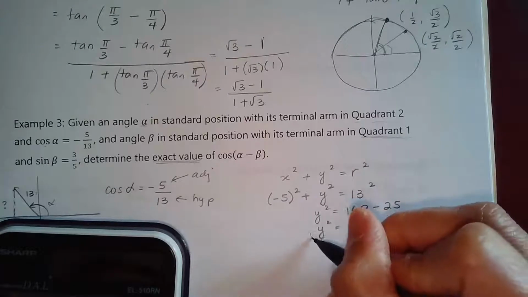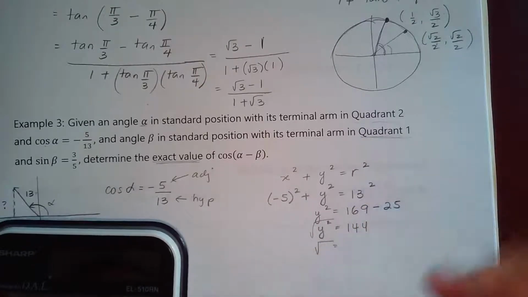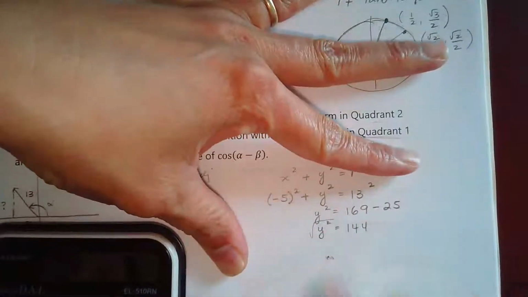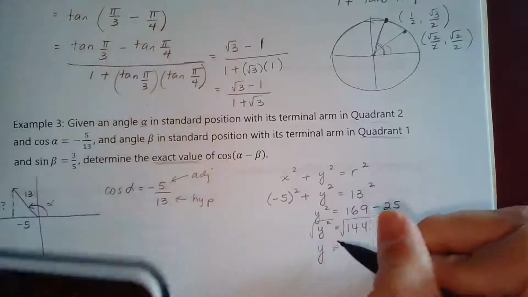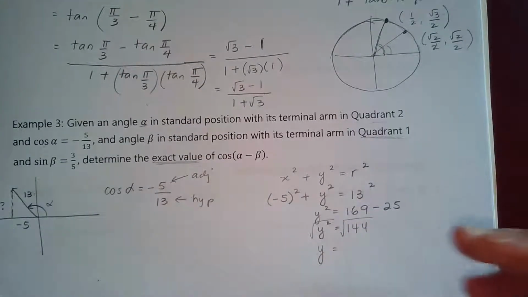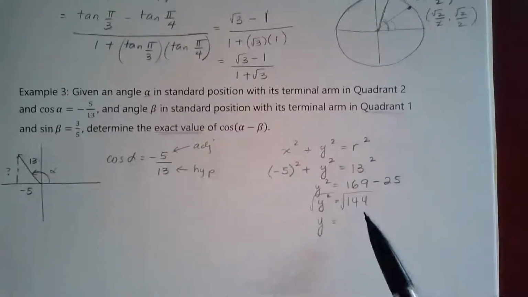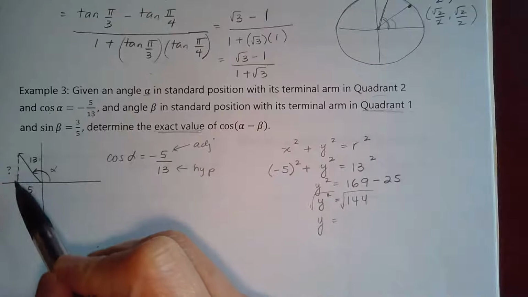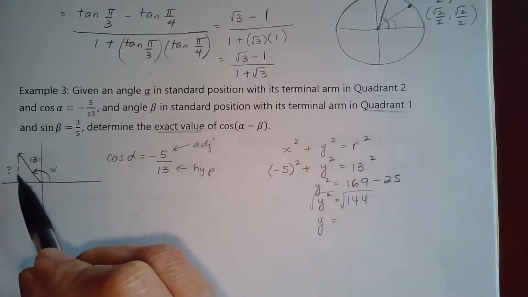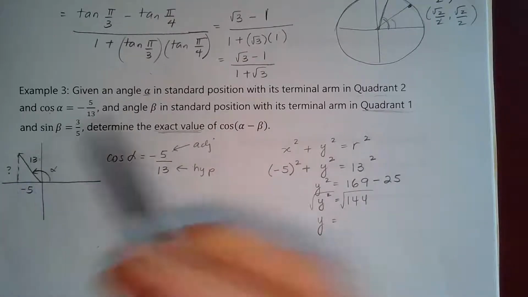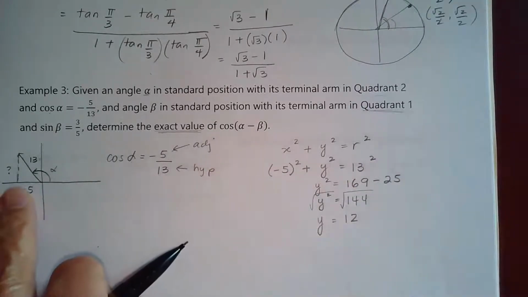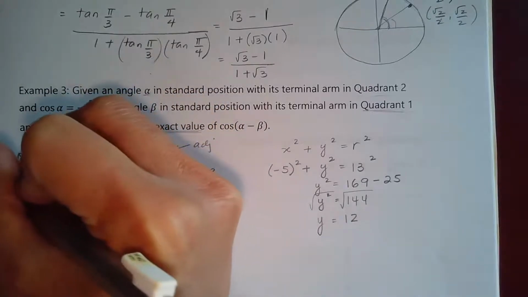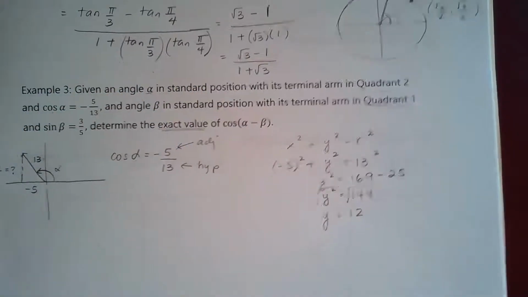And then we take the square root. Now, because we're taking the square root, we should really be looking at the sign. It should be plus or minus, but because this is in quadrant 2, y should be positive. So it's going to be positive 12. Since the angle is in quadrant 2, y is positive 12.